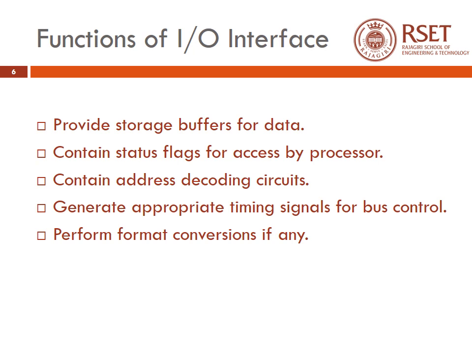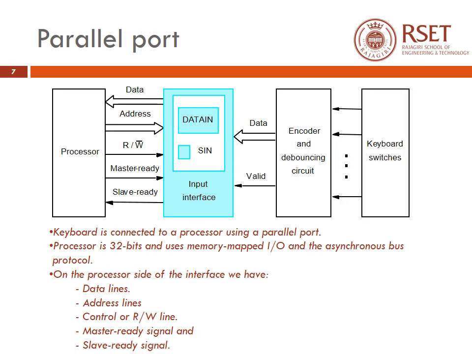So all these kinds of format conversions can also be done inside the IO interface. So these are the different functionalities that are provided by an input-output interface circuit. We will start the discussion about interface circuits by first considering an example of a parallel port.